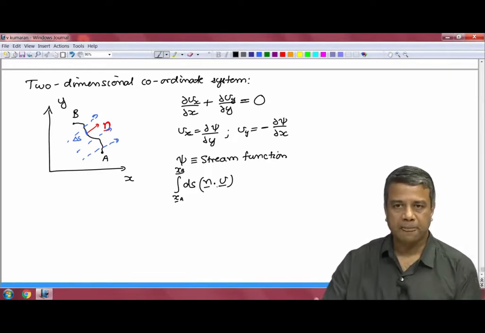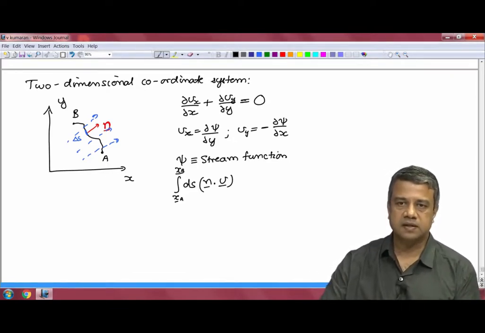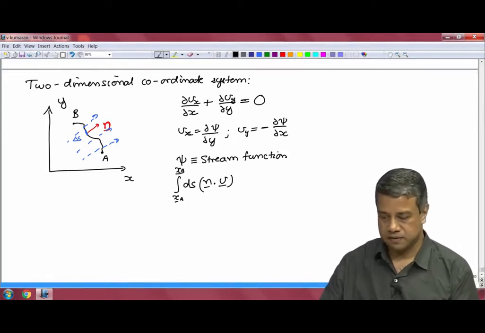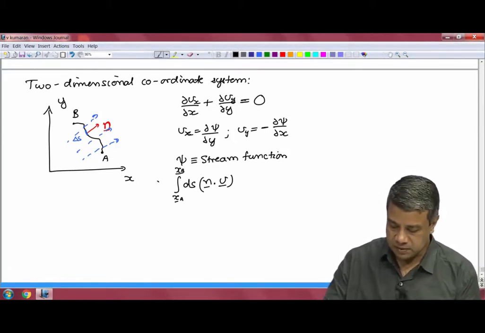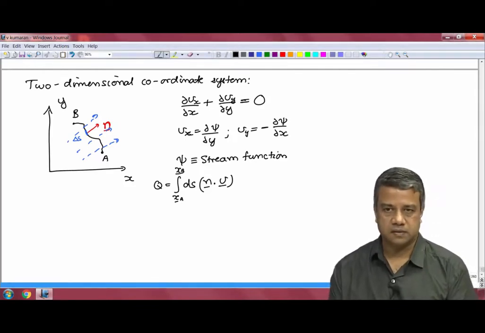Note that it is only the component of the velocity perpendicular to this contour that results in fluid crossing this contour. The other component parallel to this contour does not result in any flow across this contour. So, this is basically going to be the flow rate Q for the fluid crossing this contour.